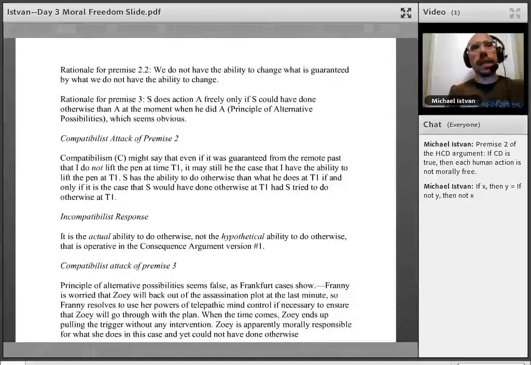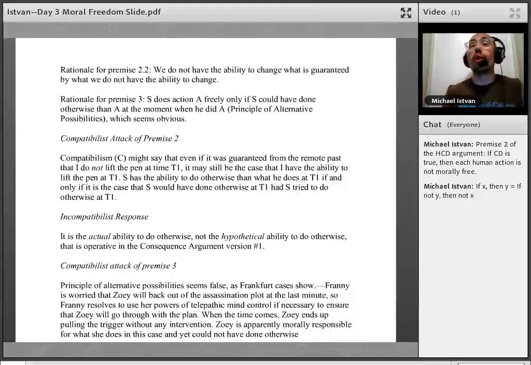So how could this be? Just because I want you to be empathetic with them doesn't mean that they're let off the hook. They have to give an explanation for why. How could this be? Now, the advocate of compatibilism who adopts this strategy to attack premise 2 is going to give most likely something like the following account of the ability to do otherwise.